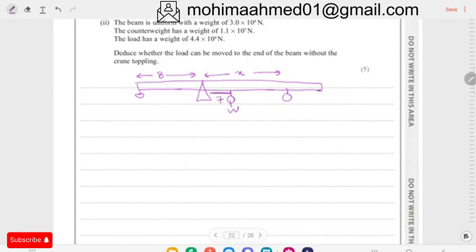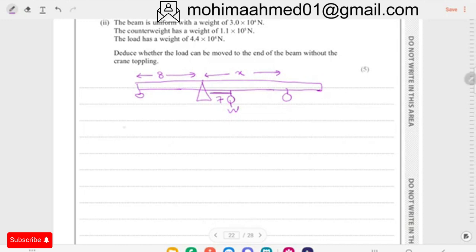So the weight of the beam acts 7 meters away from the tower. Over here, the weight of the beam and the load make the beam move in a clockwise direction, and the counterweight is only making the beam move in an anti-clockwise direction, right?